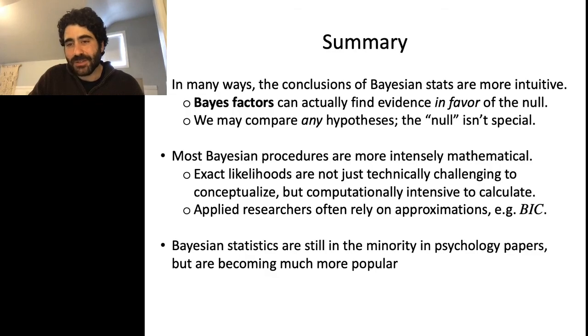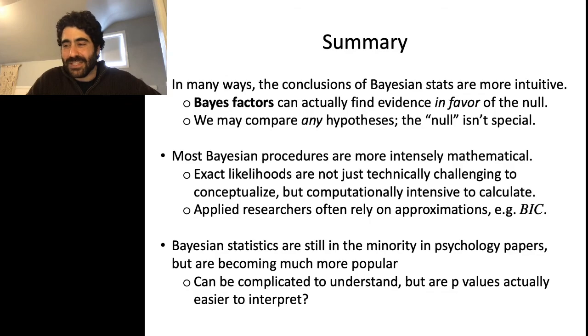The reason that we just shove this topic into this single week of the course is because this is still not that popular in psychology, but it is becoming more popular. Maybe a few years from now, this class will be more like half and half classical stuff and Bayesian stuff.